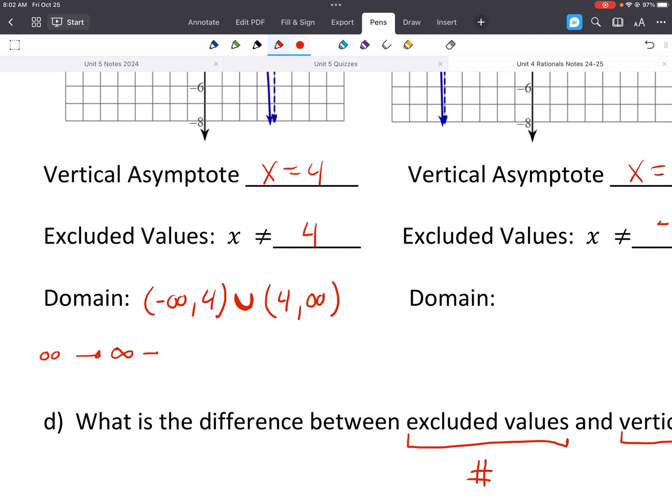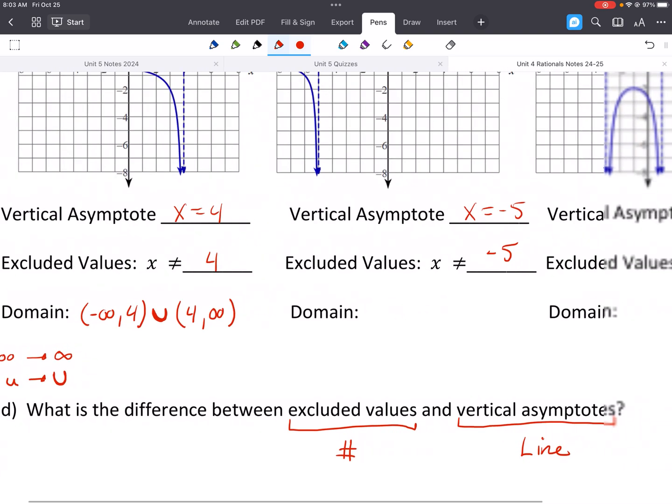If you type 00, it'll do infinity. It just saves you a little bit of time rather than trying to look for it. And then the union, you can just use a U. It doesn't need to be capitalized. So those are just some little hints when you're typing in your answers.